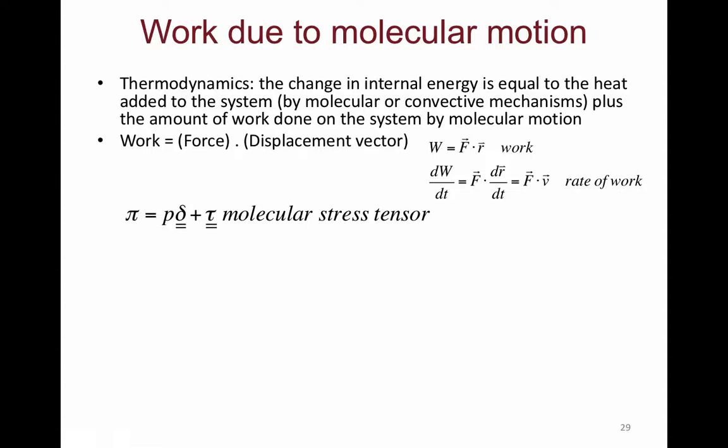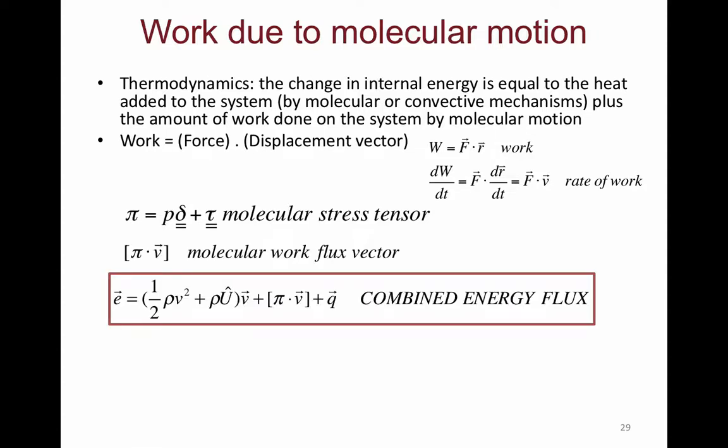So we know that for molecular stress tensor, we have to look at it separately from convection, right? So we just take the molecular stress tensor that has pressure and shear stress components. So let's look at the work done by those forces effectively. So molecular work flux vector will simply be the stress tensor dot V.